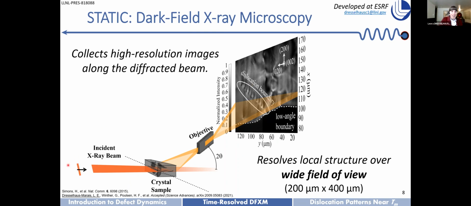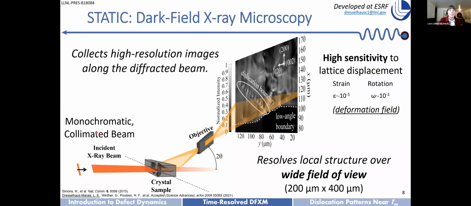Indeed, by coming in with a line beam, we can illuminate a sheet or define our observation plane with limited integration, simplifying our interpretation and giving us this detailed view with tens to hundreds of nanometers of resolution covering hundreds of microns. And because we come in with a monochromatic and nearly collimated beam, it affords us an incredibly high sensitivity to lattice displacements, making the apparent size of any of these defects or dislocations quite a bit larger than we would normally expect to see them in other types of measurements.